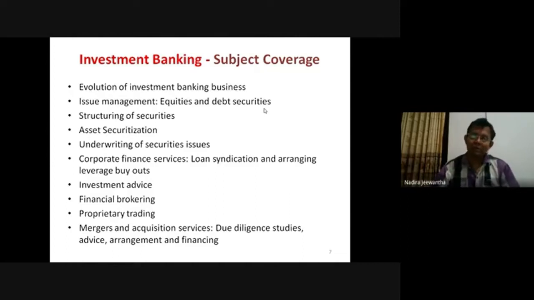So what happens? When you issue a debenture under floating, you have to incur considerable cost. You have to incur considerable loss, right? The cost is escalating.